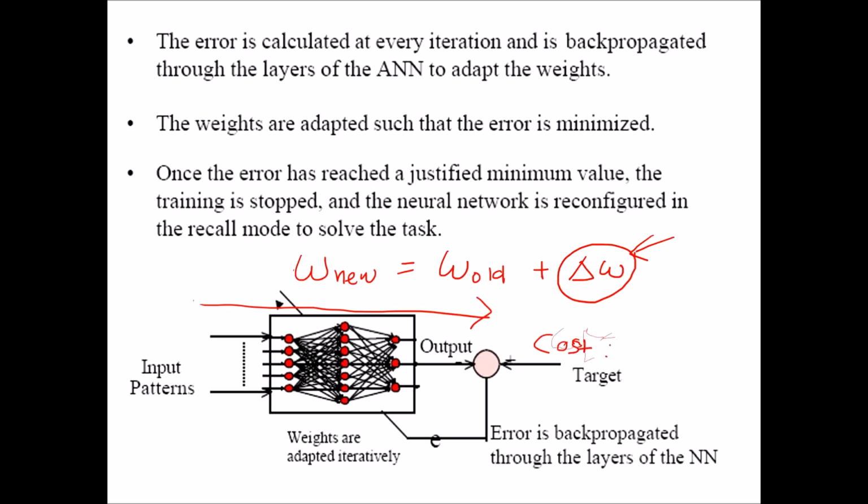The cost function parameters will be backpropagated through the network in order to determine what the delta W is here and what the delta W is here. The delta W value will be updated for every layer accordingly.